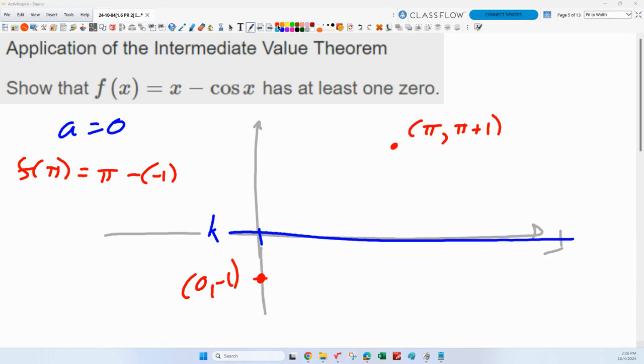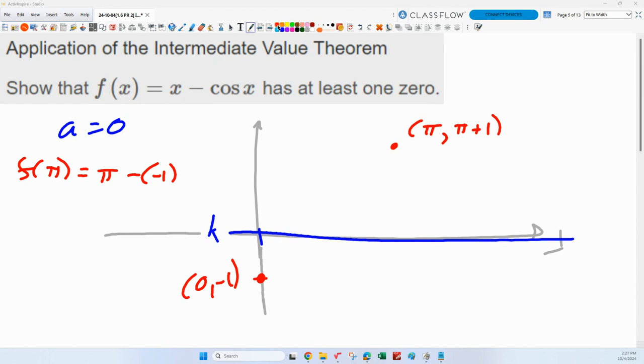We just want to know, do we meet the criteria? What are the criteria for IVT? We have to have a function that is continuous on a closed interval, and we have to have an interior value on that interval. So our interval is from 0 to pi. Look at this function, f of x equals x minus cosine x.